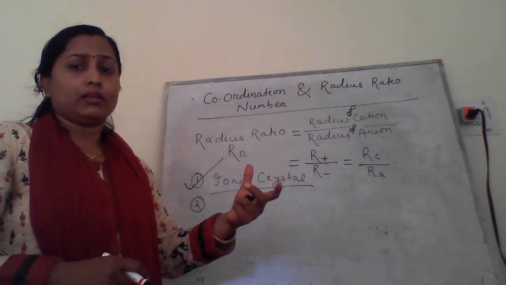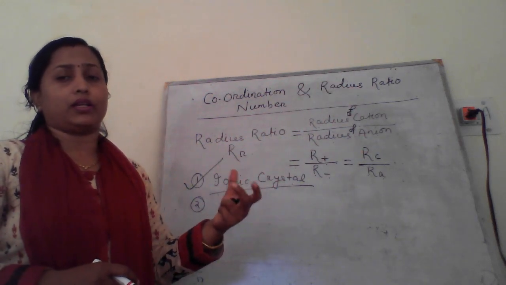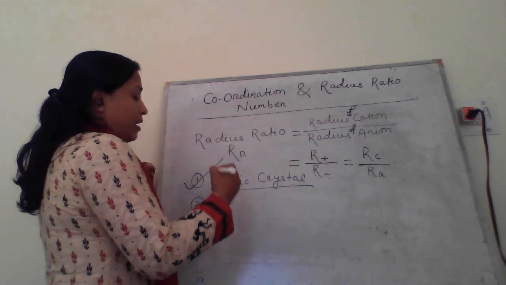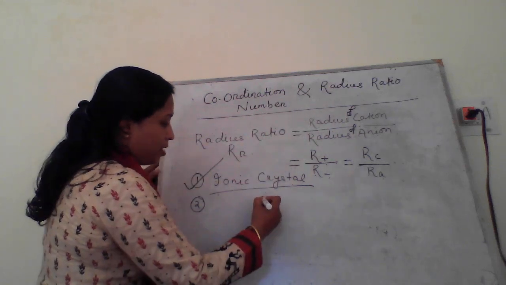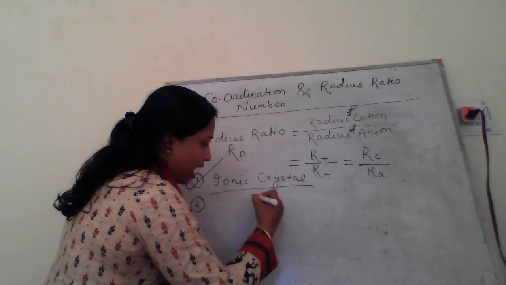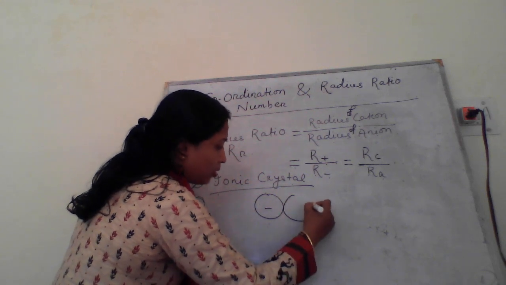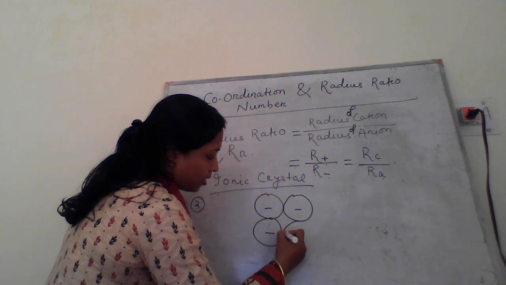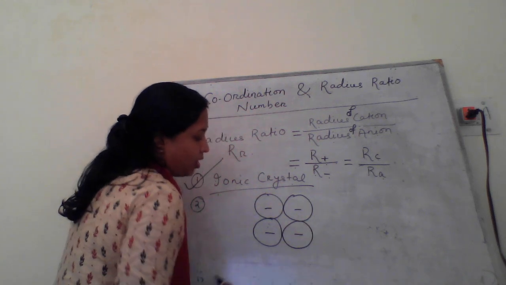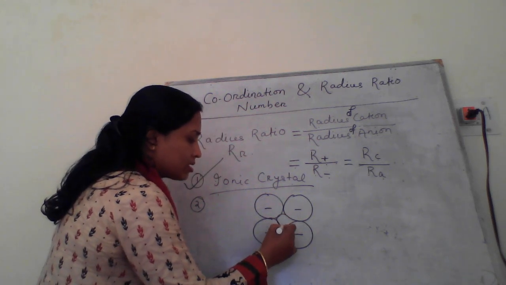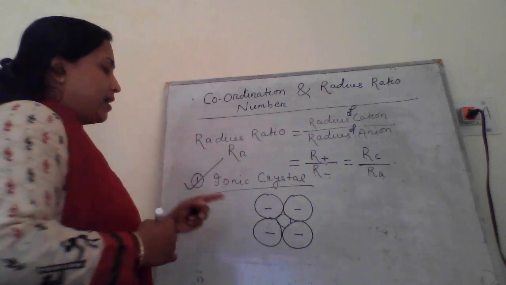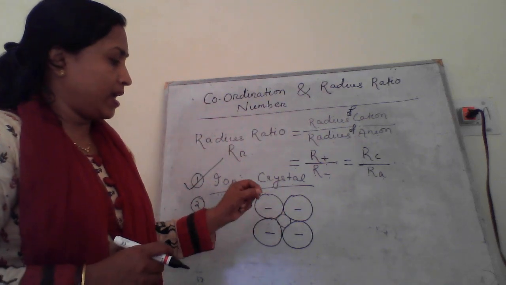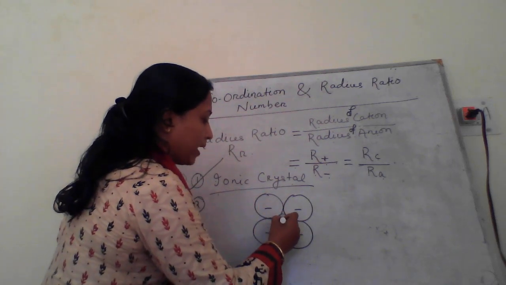So why does it depend upon the radius of cation? Because while arranging the atoms, the anions always form the close packing, while the cations are placed in between the voids.